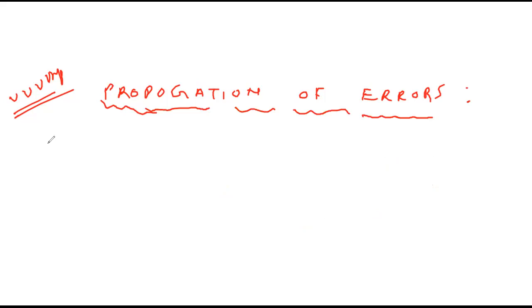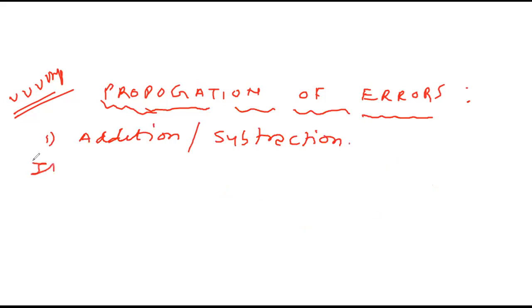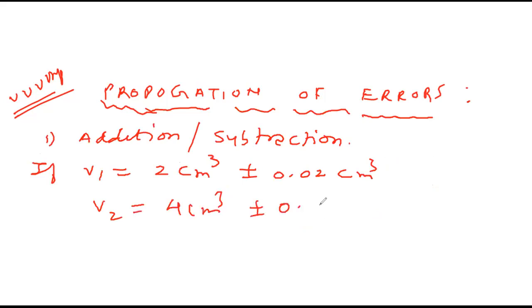So the first part is addition or subtraction. Suppose V1 is volume, which is 2 centimeter cube plus or minus 0.02 centimeter cube, and V2 is 4 centimeter cube plus or minus 0.04 centimeter cube.